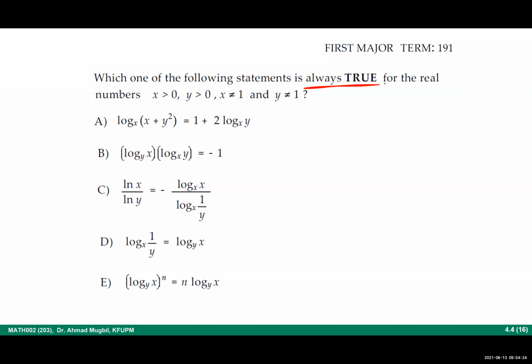Turki Zahrani, are you here, Turki? Yes, doctor. Okay, get ready. I will ask you about A, the first one. What do you think about A or B? You can choose A or B. Which one of them is true? Which one of them is false? Take a pen and paper, Shabab, and start practice.